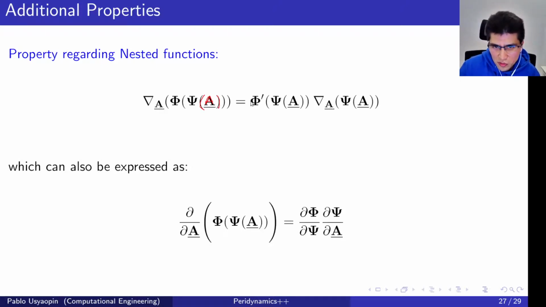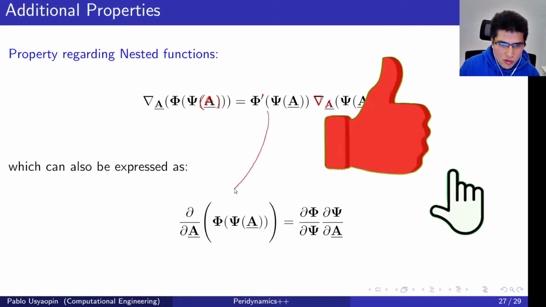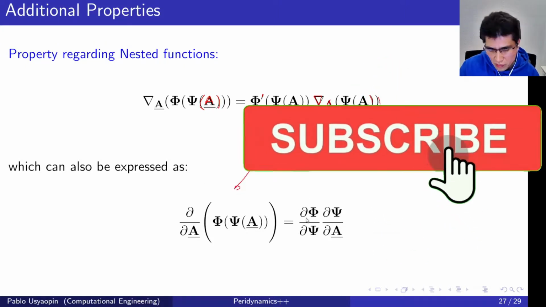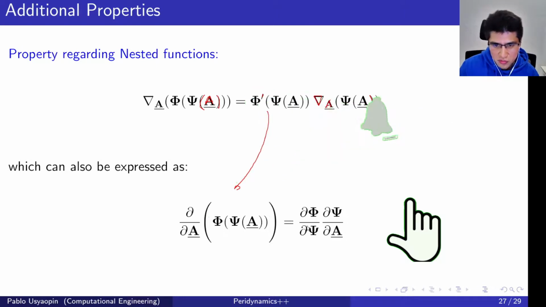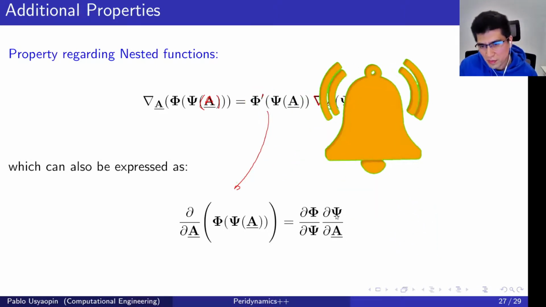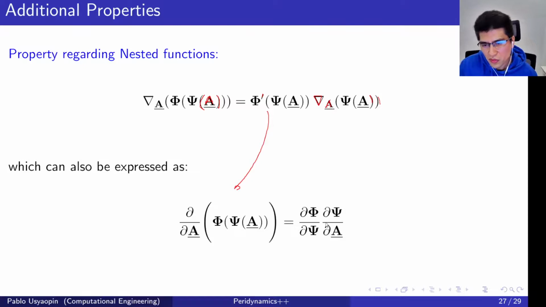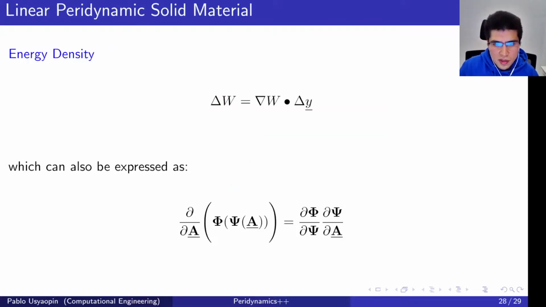So we need to compute the derivative of the first function times the Frechet derivative of this inside function. This would be equivalent to saying the partial of phi with respect to c, multiplied by the partial of c with respect to a. So it's just a matter of a property, as we know.